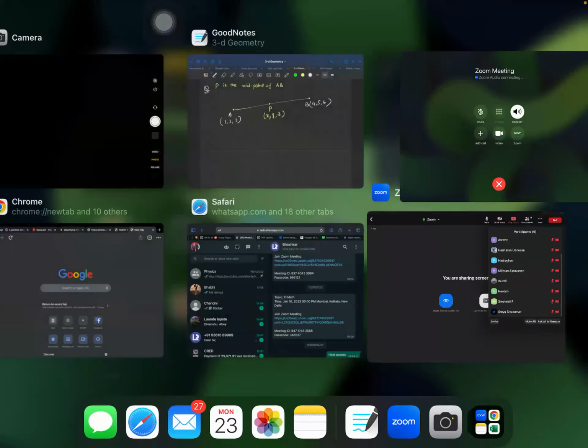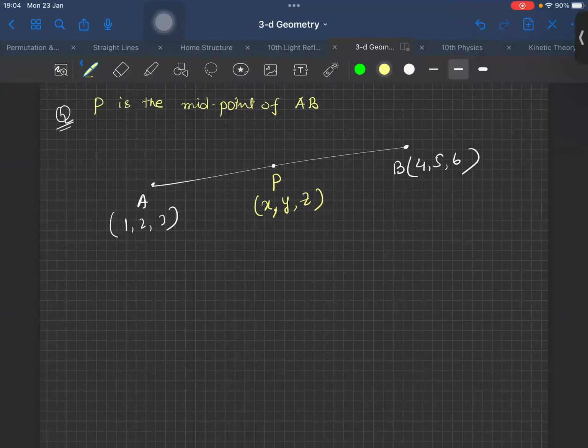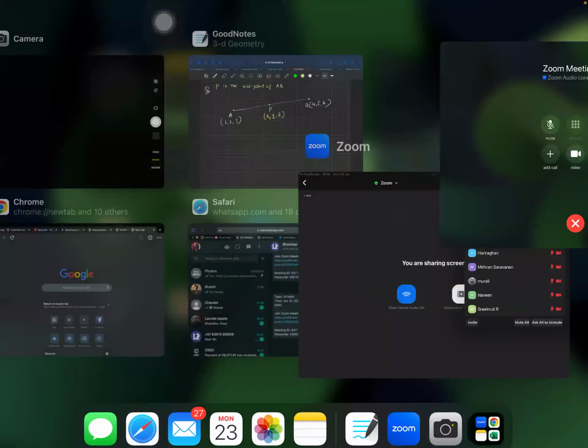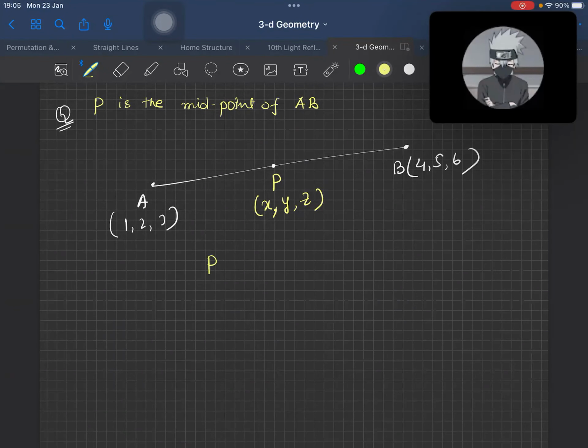I know you have solved it, so please let it out. Somebody, please tell me. Anyone? Shri Kruti? Shreya? Hari, Raghav? Anyone, please tell me. See how you'll solve it. If P is the midpoint, how will you find the coordinate of point P?